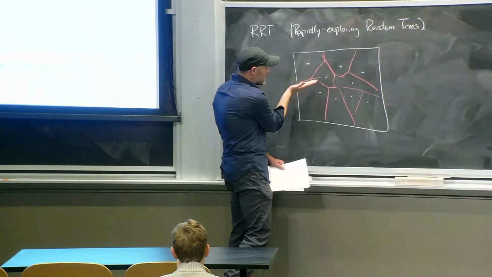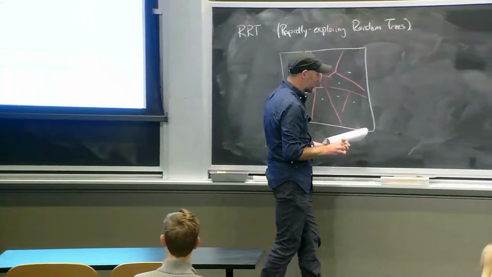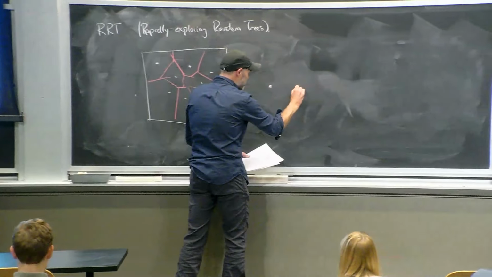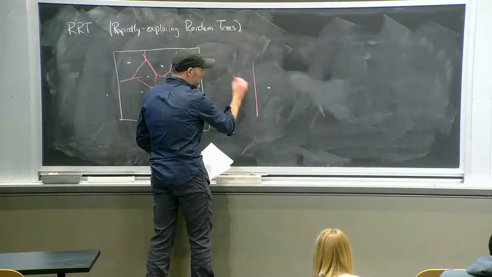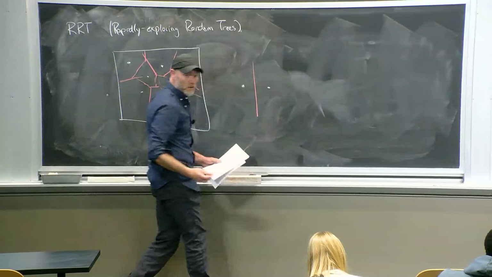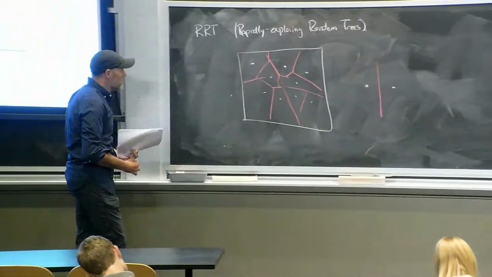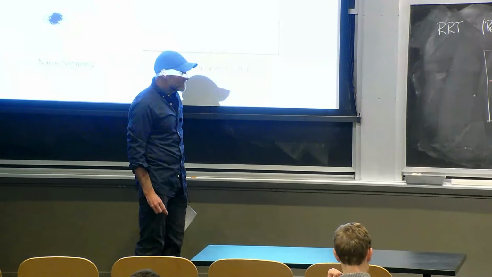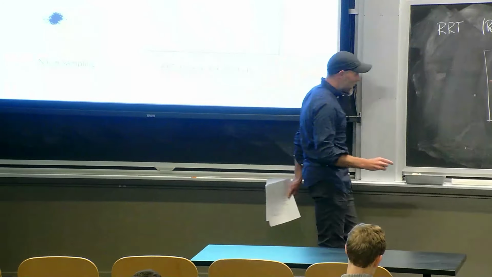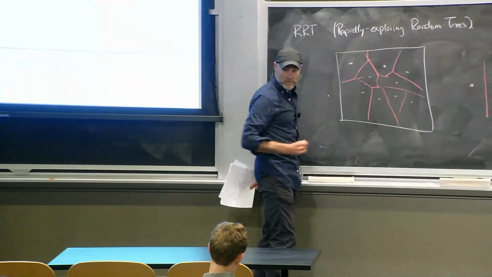In a simpler example, if I want to partition this space, the straight line between two points means this side is closer to this one and that side is closer to that one. Why do I say that the RRT has a Voronoi bias? If you think about the algorithm, I draw a sample at random.